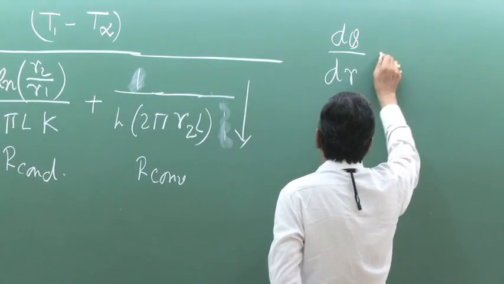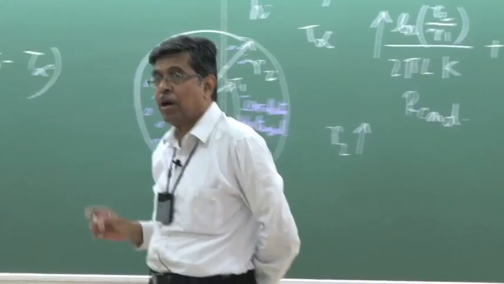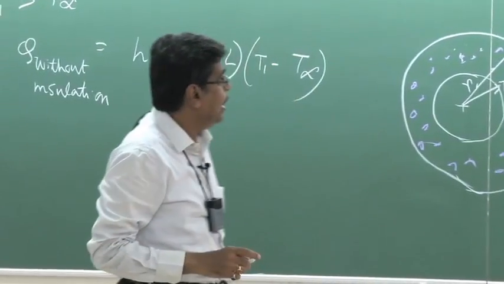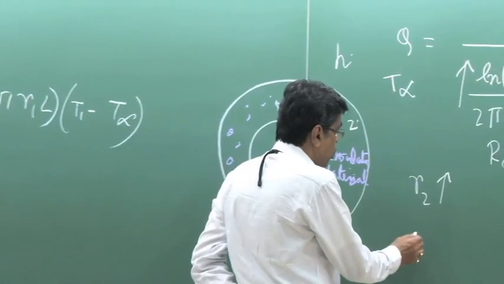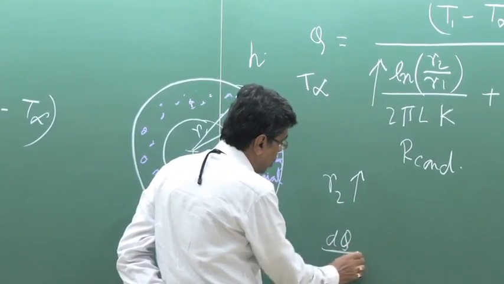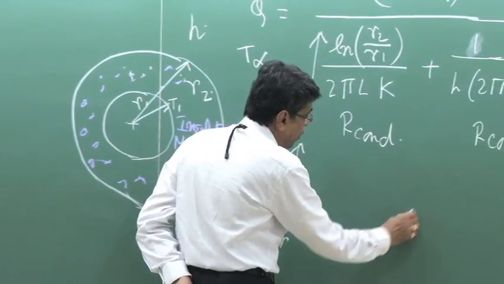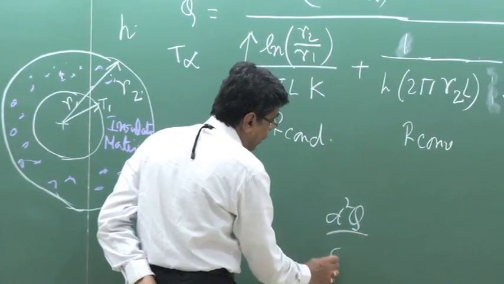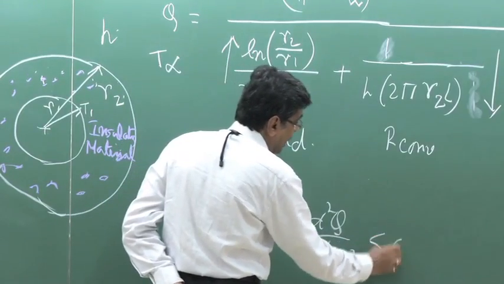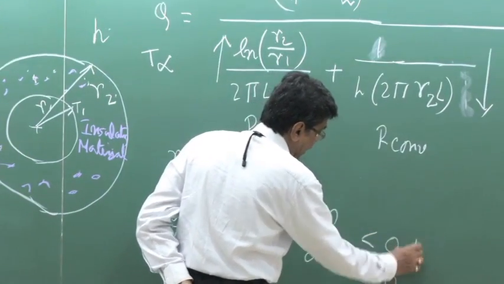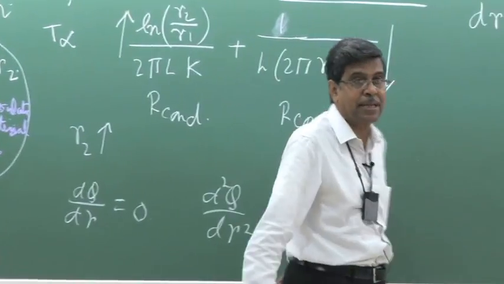So we find the value of R2, for a given R1, K, L, where dQ/dR is 0. We set dQ/dR to 0 for the extremum condition. Then we check for minimum or maximum depending upon d²Q/dR²: less than 0 it is a maximum, and greater than 0 it is a minimum. So this is now a routine task at school level.